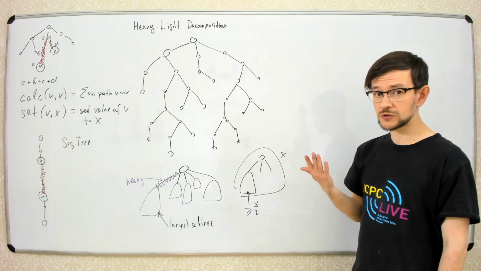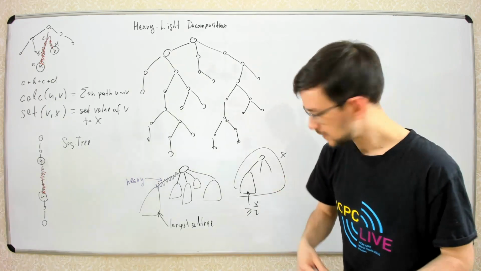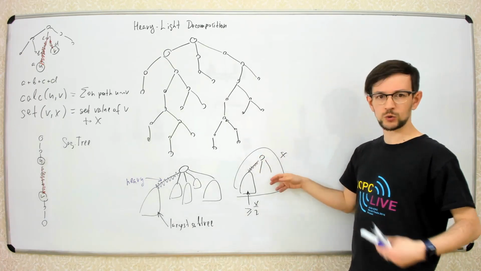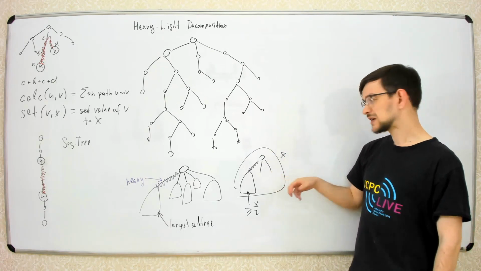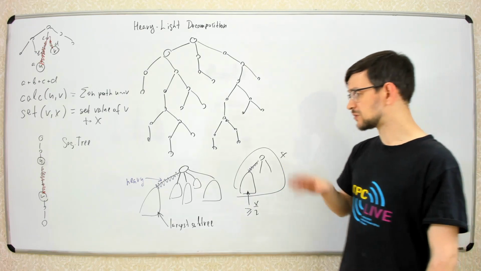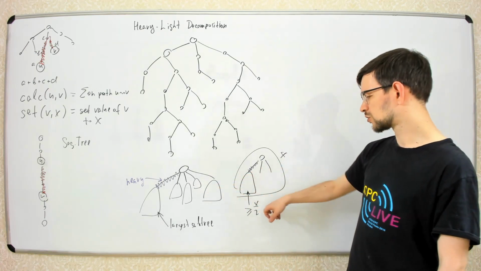That's basically all the properties we need. This also works. That's just an alternative way to think about heavy-light decomposition. Sometimes it's more comfortable to do it like this. In most cases, in practice, it's more comfortable to do it like this, just not to think about this.